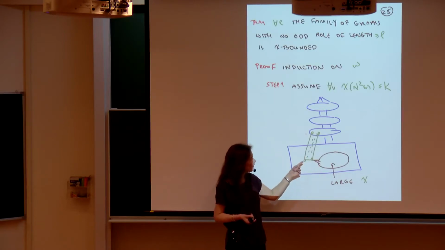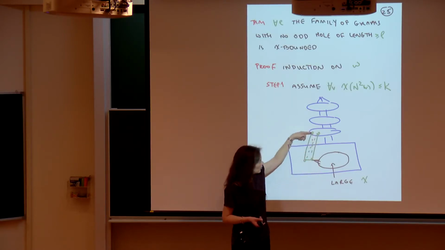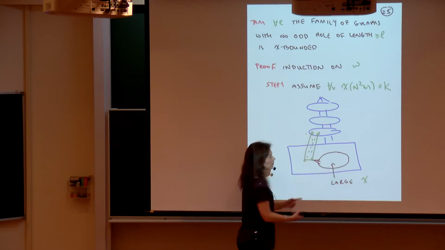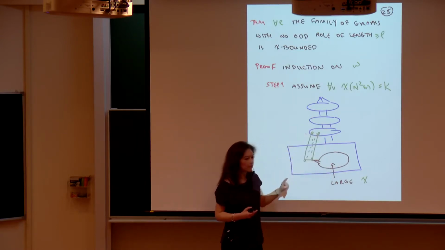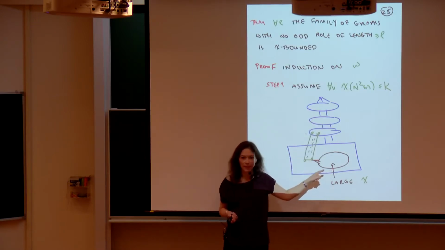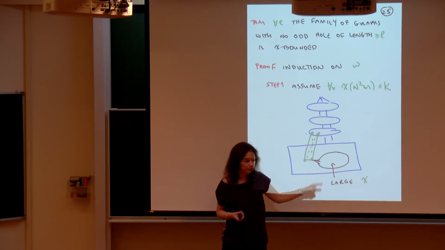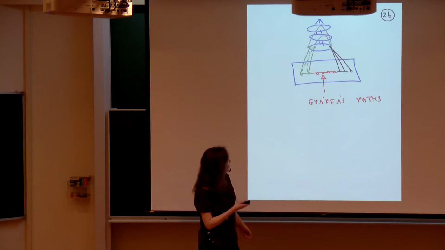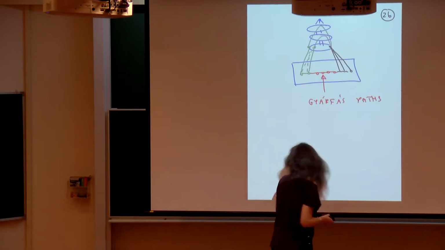And you can clean your graph up a little bit more and arrange that if I look at two vertices here, and I try to connect them through the top, all these paths would have lengths of the same parity. And so it's this picture. Let me draw something.